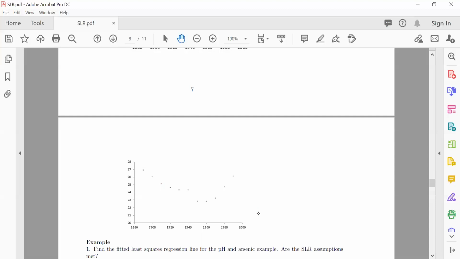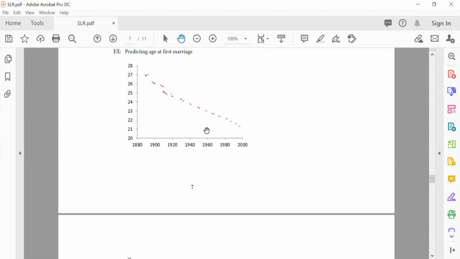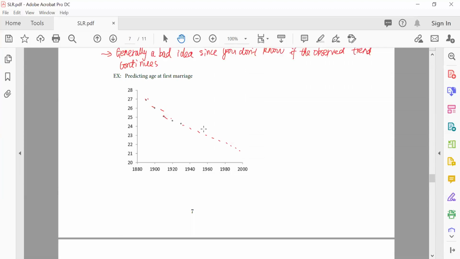Now you can definitely see that outside the range of your x values, you don't know what the trend would be like. You can't estimate your y using an x value that's outside the range. This is a typical extrapolation problem.